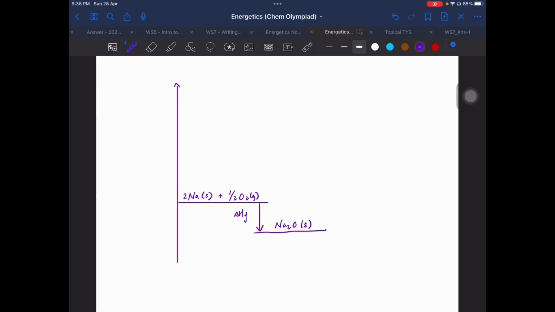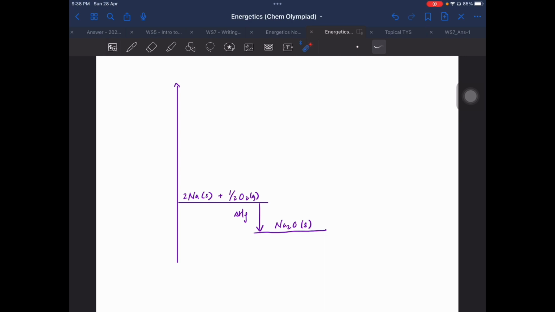So how much energy do I need to form 1 mole of Na2O from its constituent elements under standard conditions, right? So constituent elements will be sodium and oxygen. The reason why I use half O2 is because I want to force myself to make sure it's actually 1 mole of Na2O only, right? Certainly something we mentioned before.